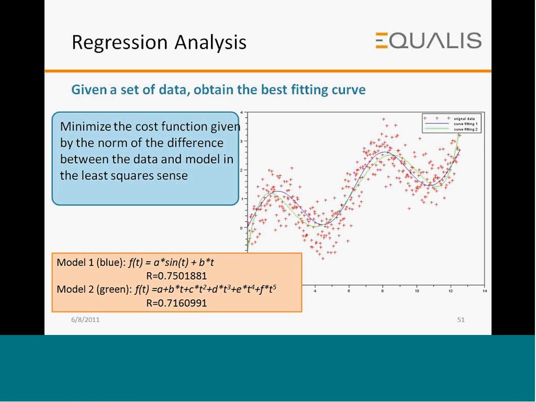So the problem is you want to minimize the cost function given by the norm of, say, the difference between the data and the model, and you want to use the least squares condition. Here, one model that we have taken is a sin t plus bt, and there you get R as 0.75. And the other model, which is marked in green, is a polynomial model where f of t is a fifth degree polynomial of t, and R is 0.71.